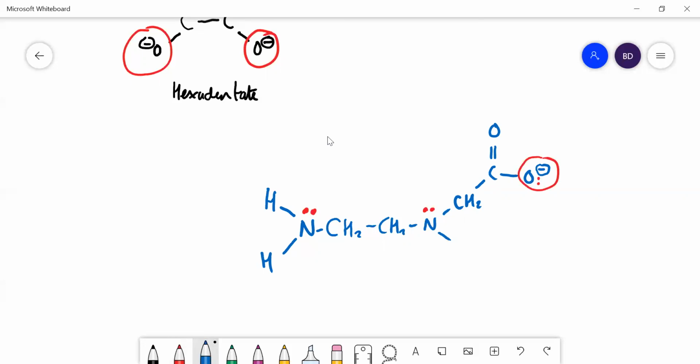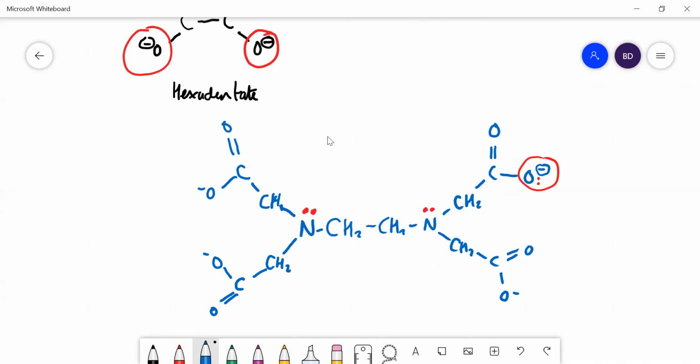And then you have 4 of these ethanoic acid groups: another one, then 2 on this side as well, and 1 on this up here. So you've got lone pairs on those.